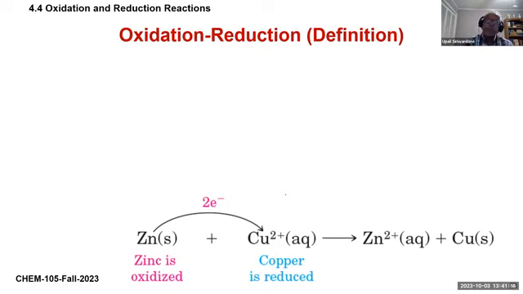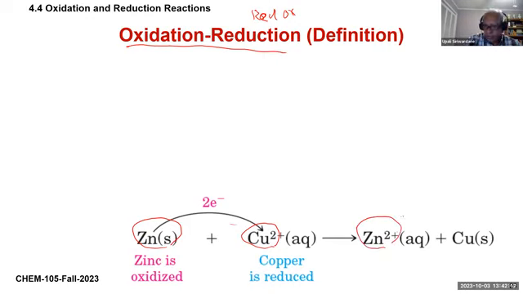The next reaction type is oxidation-reduction, also called redox, R-E-D-O-X, reaction. What takes place is, for example, zinc reacts with copper 2+ and transfers electrons. Zinc, after transferring 2 electrons, becomes 2 positive, and copper becomes neutral, 0 charge.